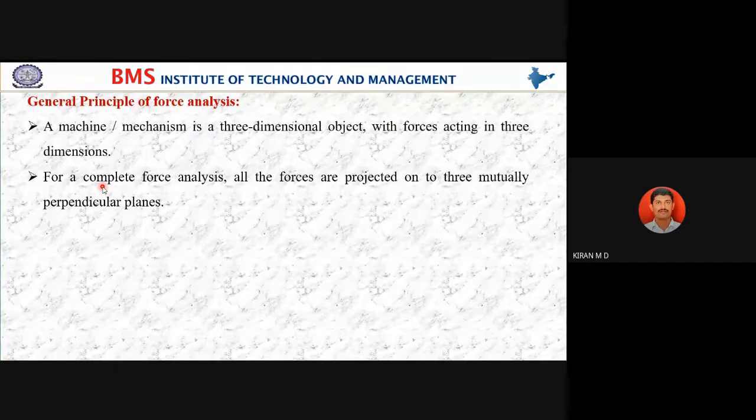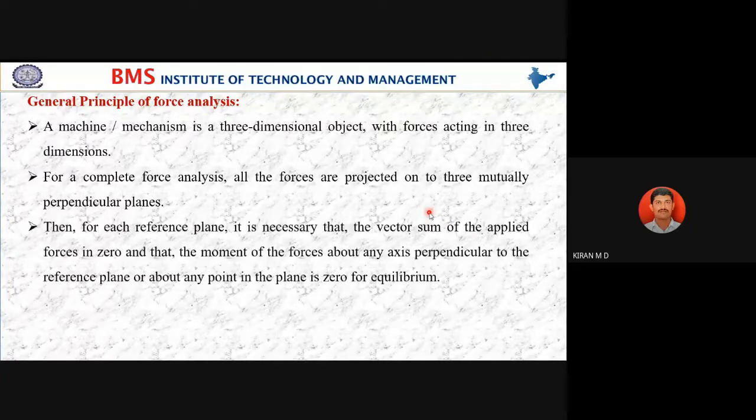Sometimes the force may act at some inclination to the X, Y, or Z plane, so we resolve that force into vertical and horizontal components. That is the second principle.